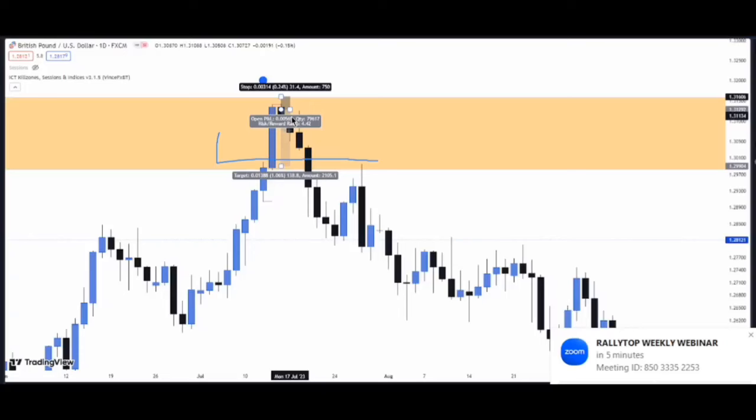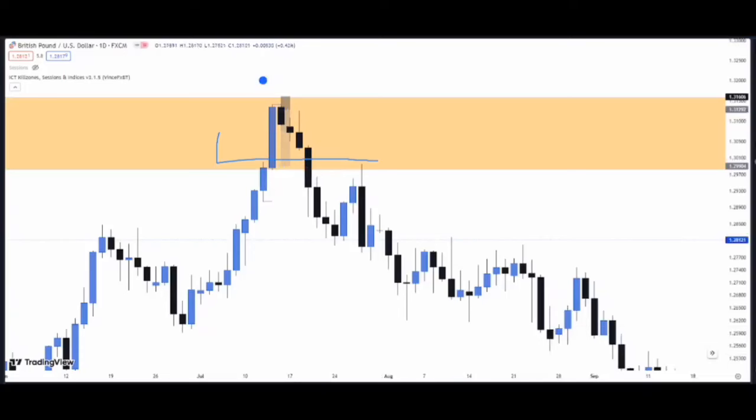Can you see it? And dropped. So this actually is an area of interest that you can look at. Here, it's your area of interest with good imbalance.